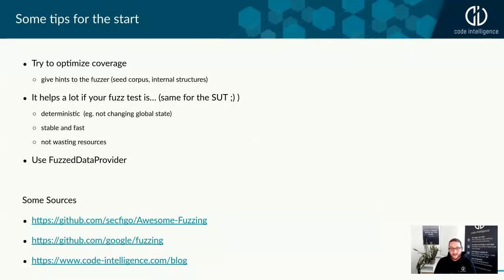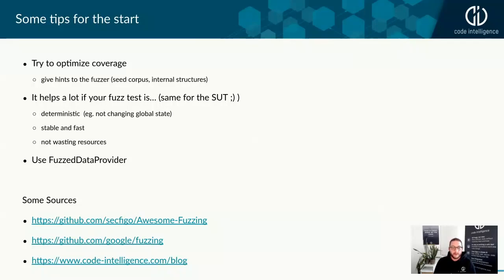The thing is, to be effective, fuzzing needs a lot of runs. Like you saw, we had executions per second that should be multiple thousand times per second. And to achieve this, it's important that you're not wasting resources.